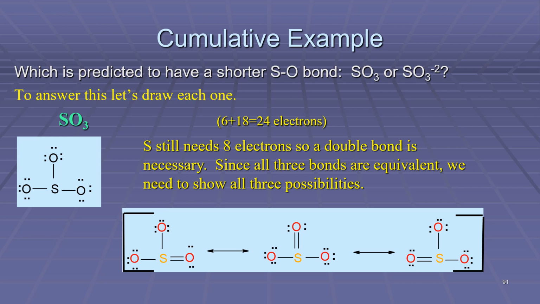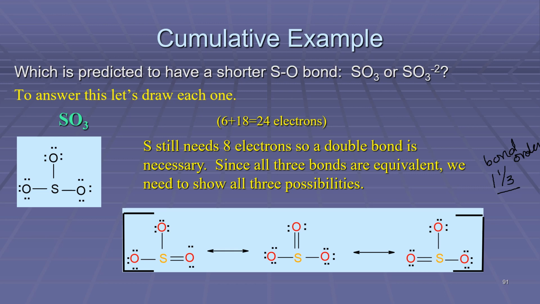So the bond order in this case is about 1 1/3. Even though technically it's 2 singles and a double, they're all equal, so they're really about 1 1/3.